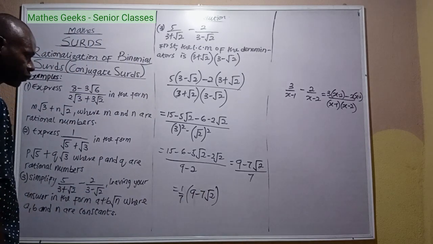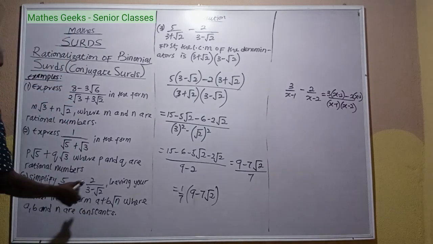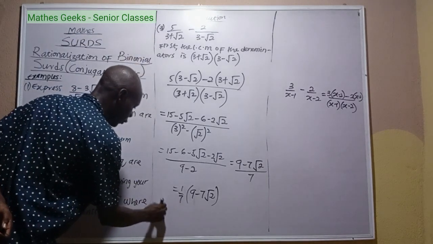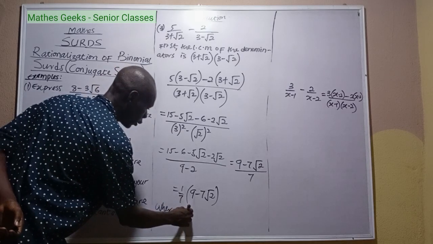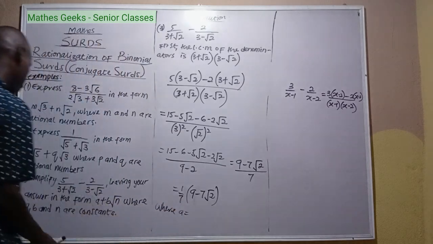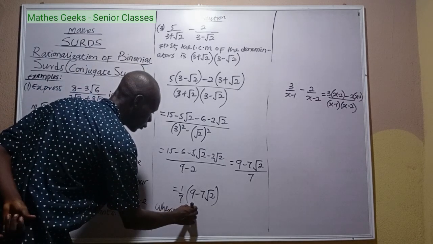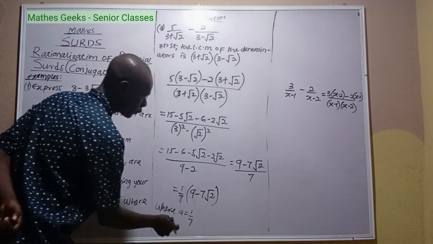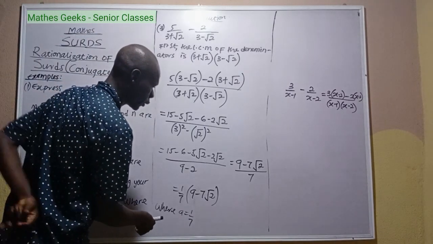Okay. And so in this case, since it must conform to what we have here, a plus b, where a is 9 over 7.